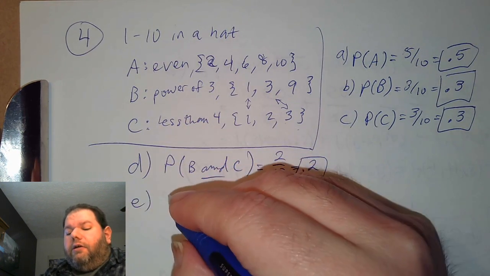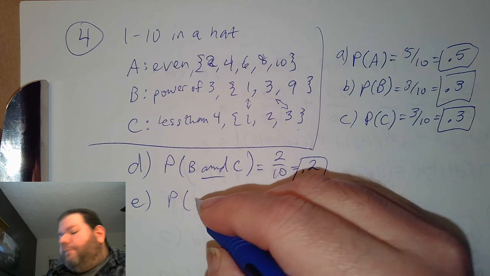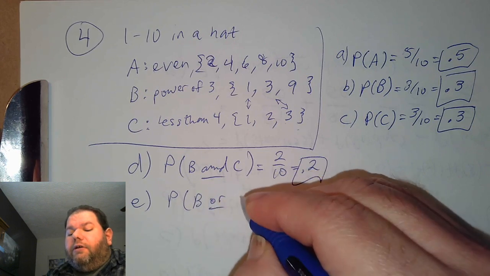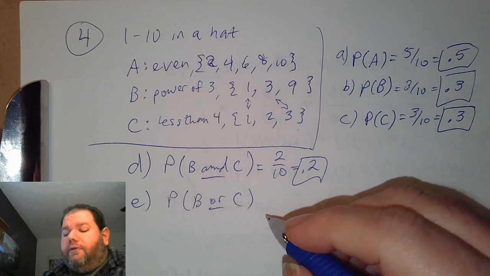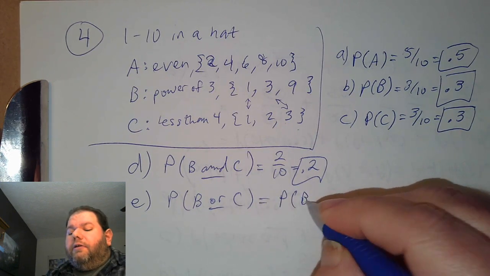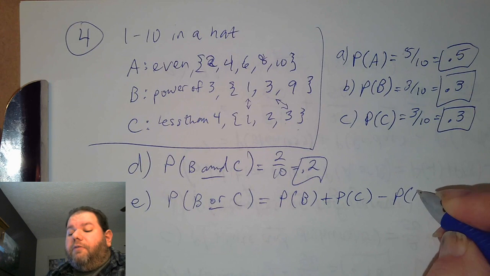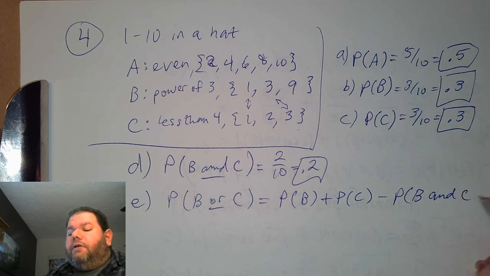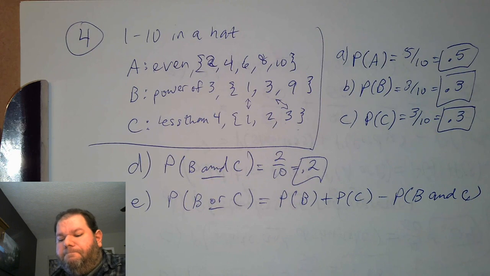Okay. Now, problem E, we want the probability that B or C is successful. And again, anytime we see or, we have to use the addition rule. That says this is the probability of B plus the probability of C minus the probability of B and C. Now, all three of these things we've already found.